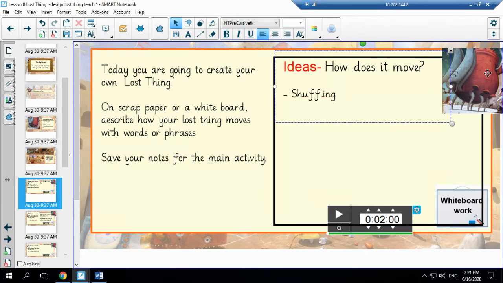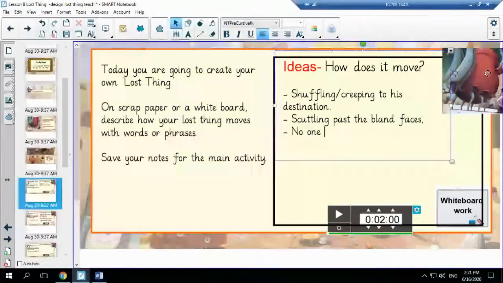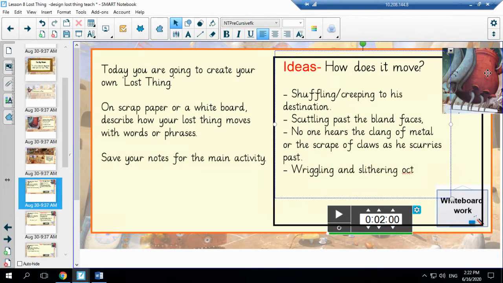So shuffling, creeping to his destination, scuttling past the bland faces, no one hears the clang of metal or the scrape of claws as he scurries past, wriggling and slithering octopus legs.